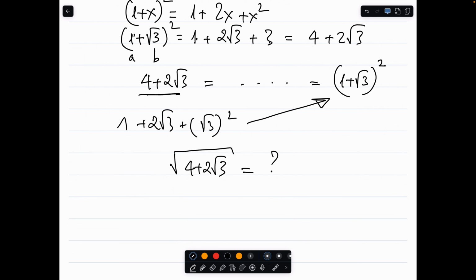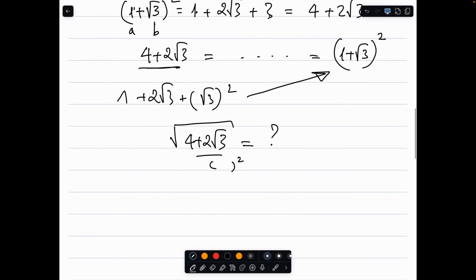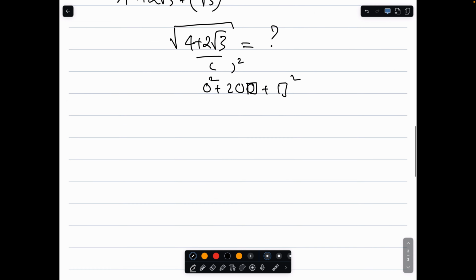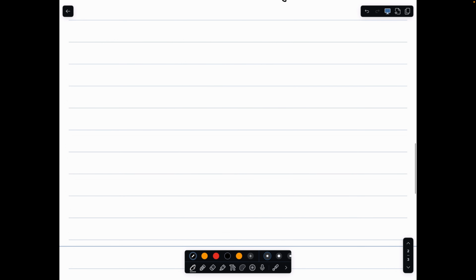So you have to see this as something squared, and if it has something squared, it has to be something plus something plus something.